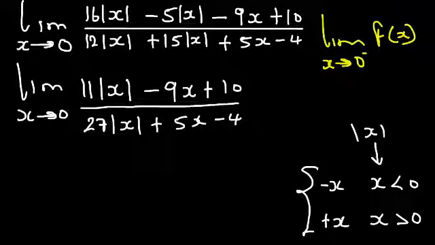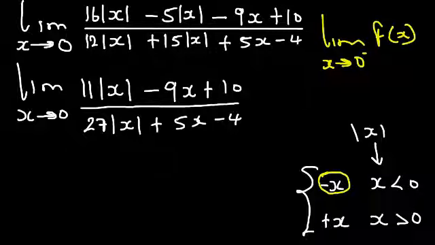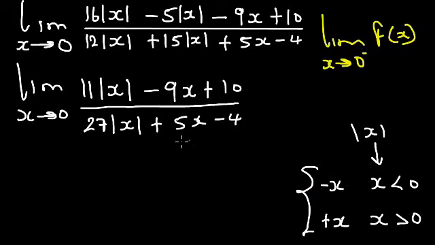However, if we are considering it in relation to the absolute value of x, then we will be considering negative x as our input. Because with the absolute value in that function, the input has been split into two, which is minus x and positive x.